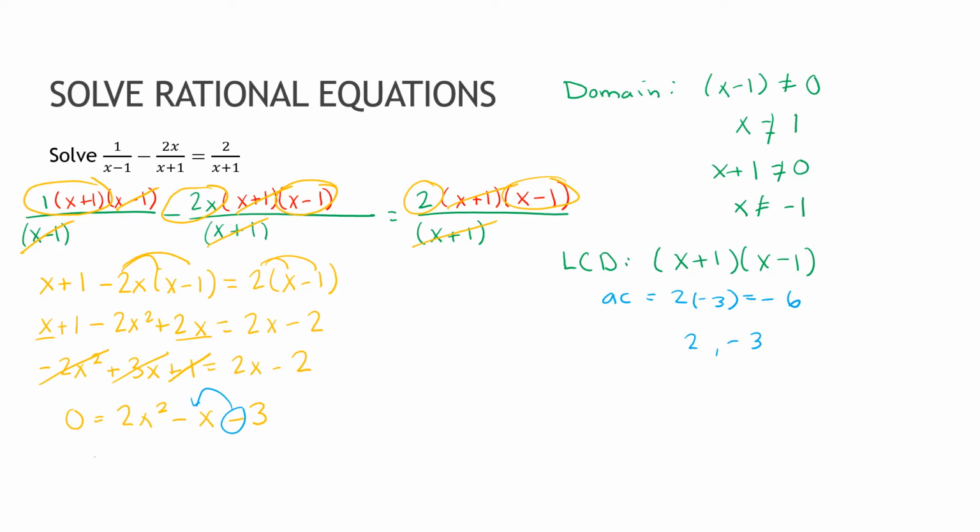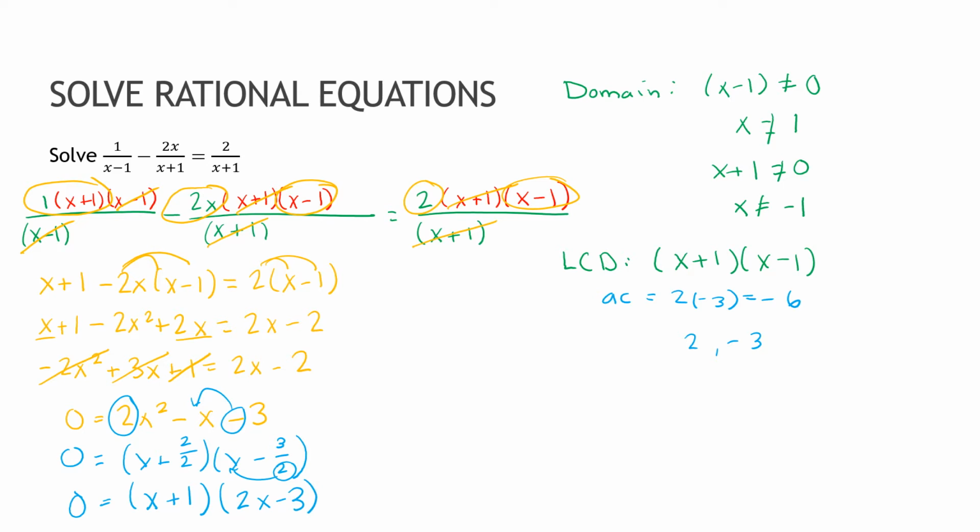So what does that tell me to do? That says take x plus 2 divided by a and x minus 3 divided by a, a being the 2. Reduce if possible, so 2 over 2 obviously reduces to 1. And 3 over 2 doesn't reduce nicely, so we take that 2 and pop it out front, so 2x minus 3. Now I have factored completely, and I need to solve.